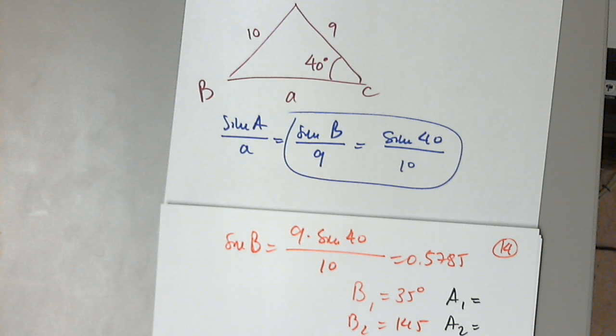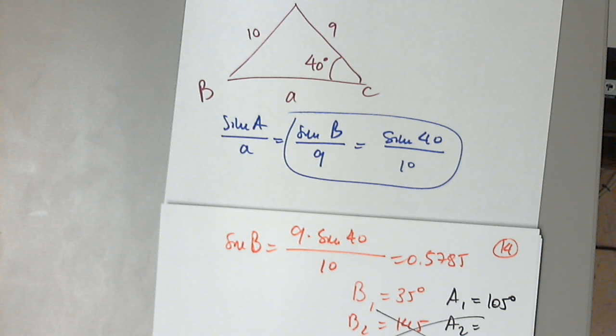And that's 105 degrees. But 180 minus 40 and minus 145 is a negative angle, which means the second option doesn't exist. So cross it out. So there is only one B and one A. So we determined that A is 105, B is 35, and C is 40 degrees.